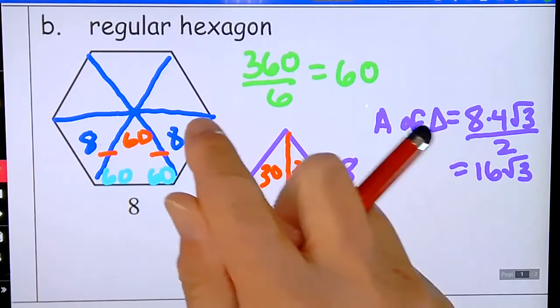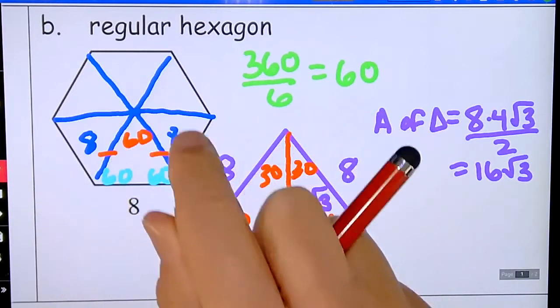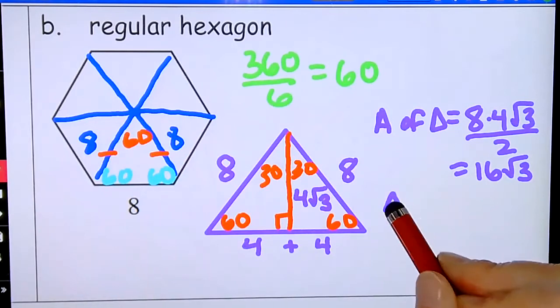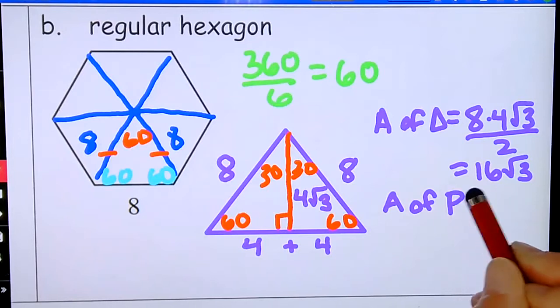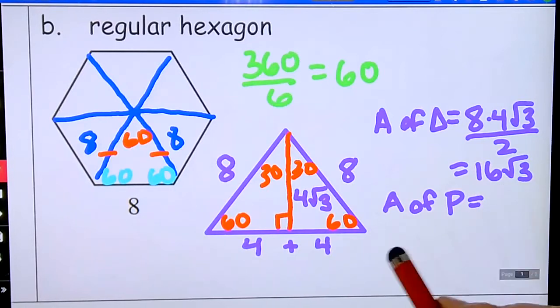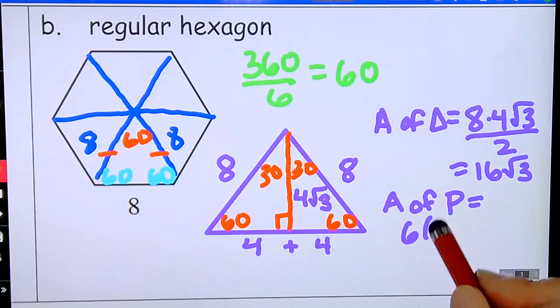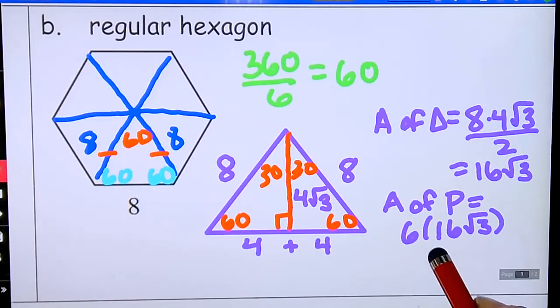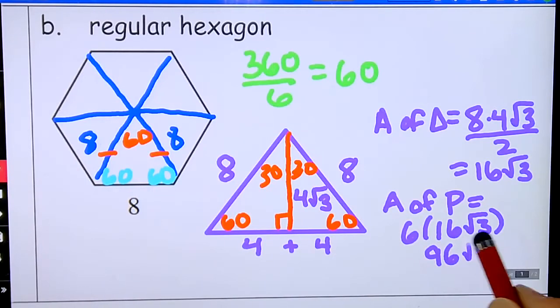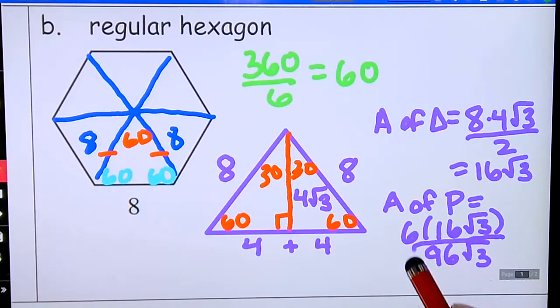And so each of these is 16√3, and I have 6 of them. So the area of, and I'm going to put P for polygon, it's a hexagon in this case, but P for polygon, I have 6 times 16√3. And when I do 6 times 16√3, I get 96√3. And that's your answer. Okay, 96√3 is your answer.